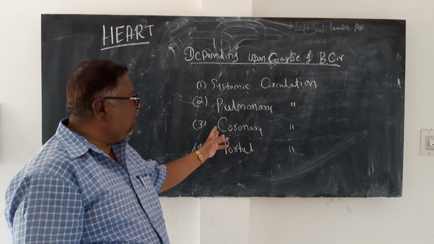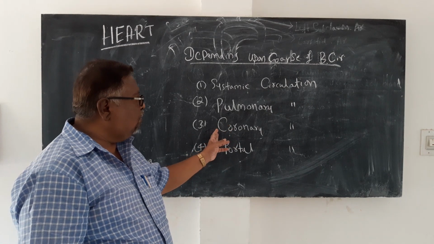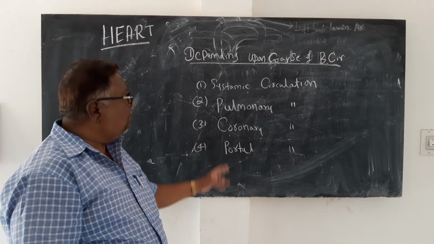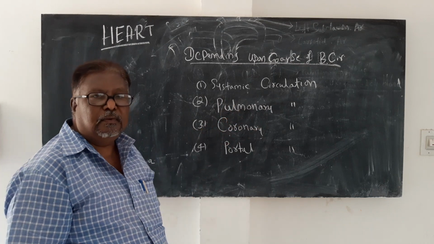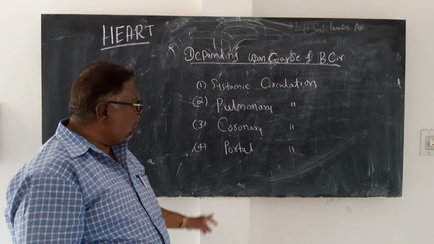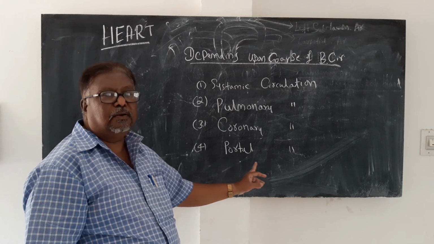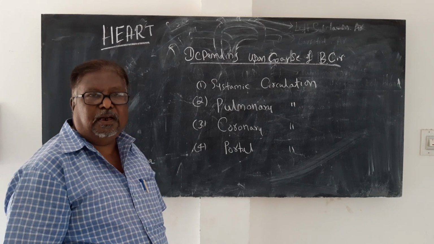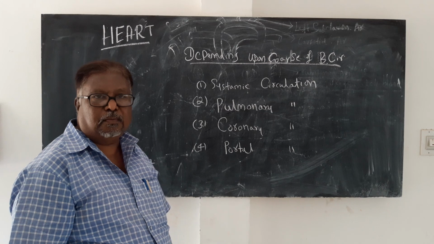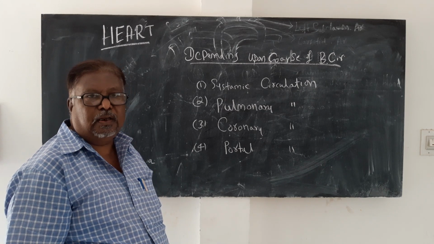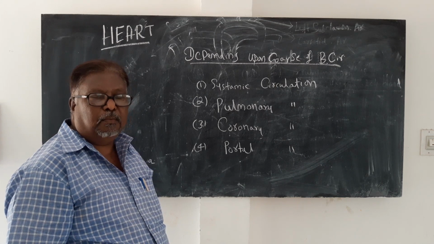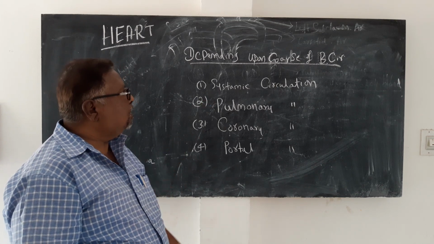In the examination, they will ask you to write down the coronary circulation method, or describe the systemic circulation, enumerate the pulmonary circulation in the human body, or explain the portal system circulation. So there are 4 types of circulations in our body depending on the course of the blood flow. This is all about blood circulation.